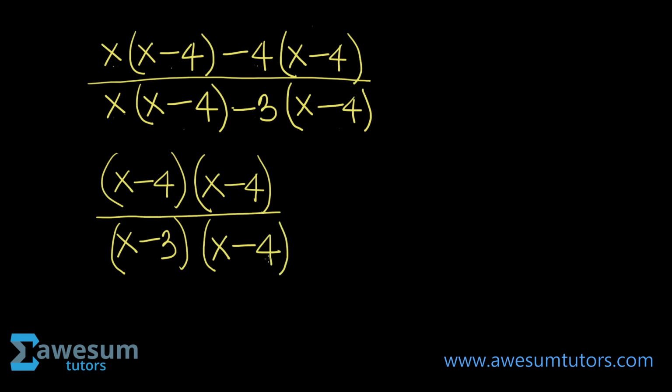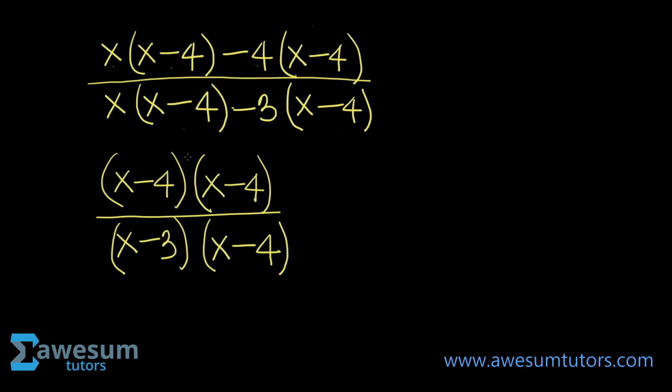That is it. So this means you've been able to successfully factorize the numerator and the denominator. Now if you take a look at this, you realize that x minus 4 and x minus 4 can cancel out.